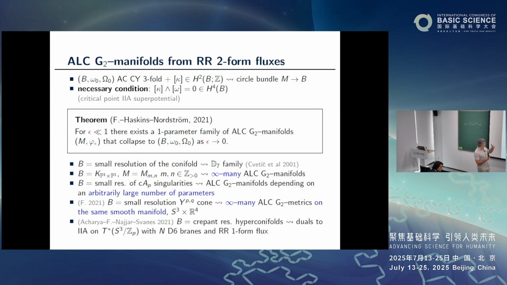Epsilon must be small in the sense that I'm solving the nonlinear equation to all order in epsilon, but I'm solving by perturbation of the solution at epsilon equals 0, which is the Calabi-Yau. I'm applying the implicit function theorem, saying near this solution at epsilon equals 0 there exists a solution for all epsilon positive.